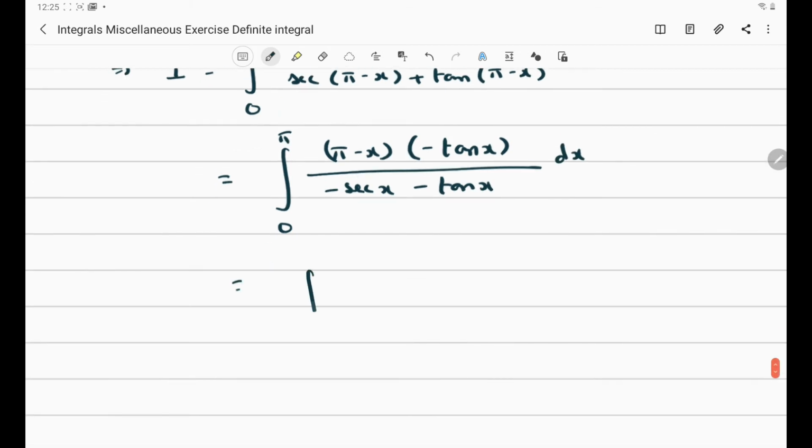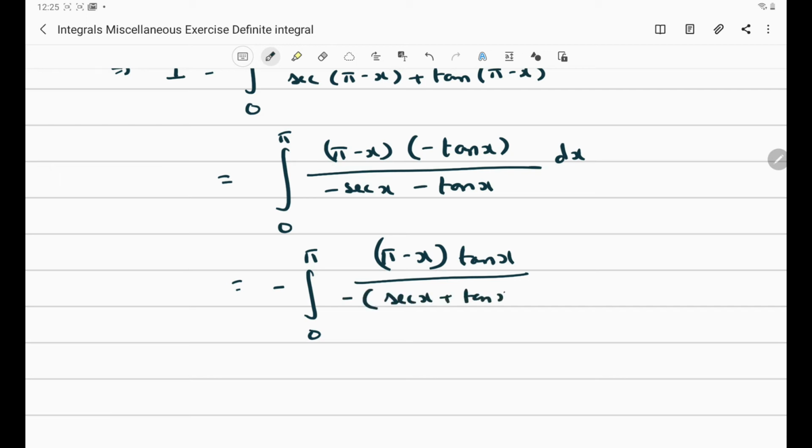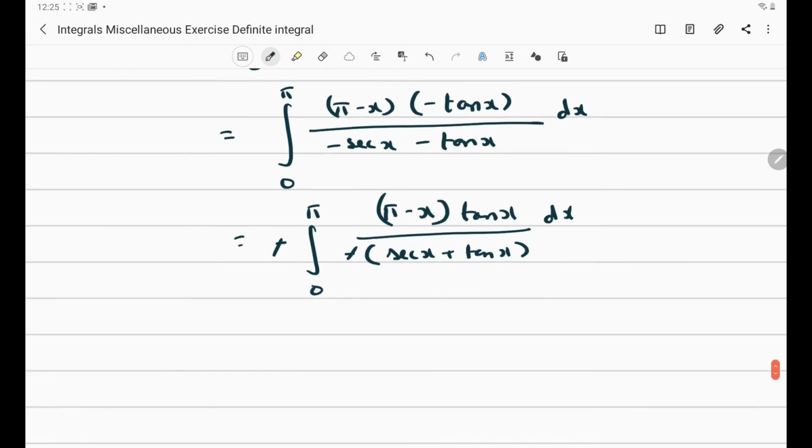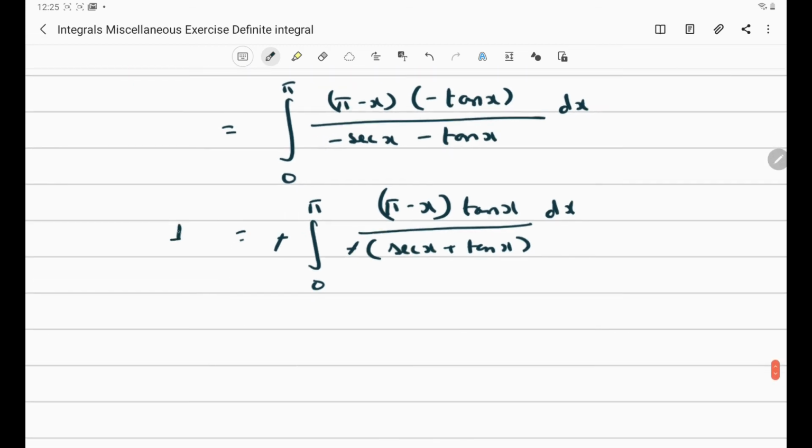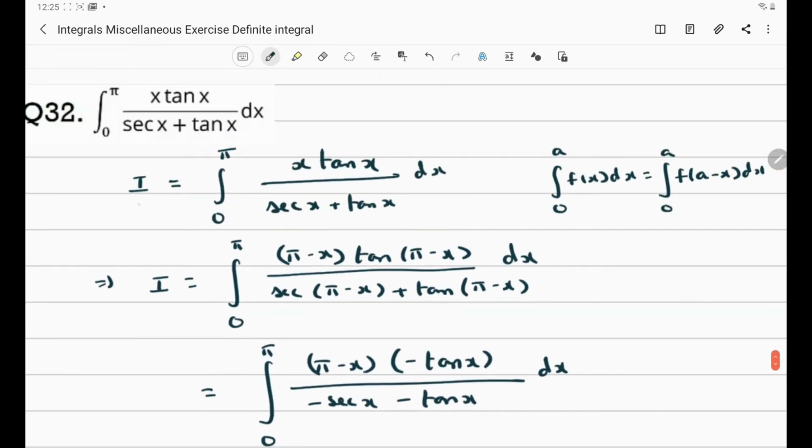So we get this as integral 0 to pi minus of pi minus x tan x by, if I take minus common here we get secant x plus tan x dx. So this minus and minus gets cancelled and we get pi minus x tan x by secant x plus tan x dx. So let's call this equation 2, and the original integral I equal to 0 to pi x tan x by secant x plus tan x dx as equation 1.